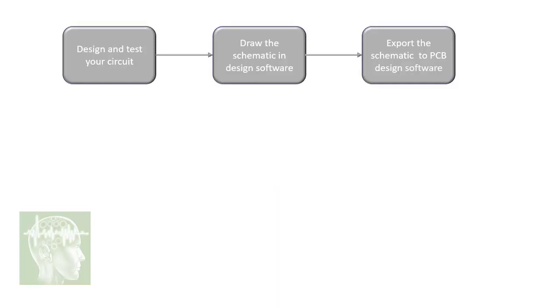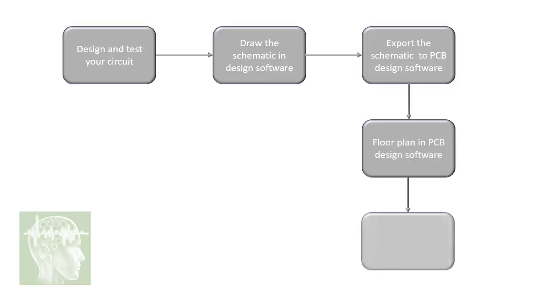So the next step is you have to export this to a PCB designing software, and there you have to do a floor planning of the components and then connect the components on the PCB design software.